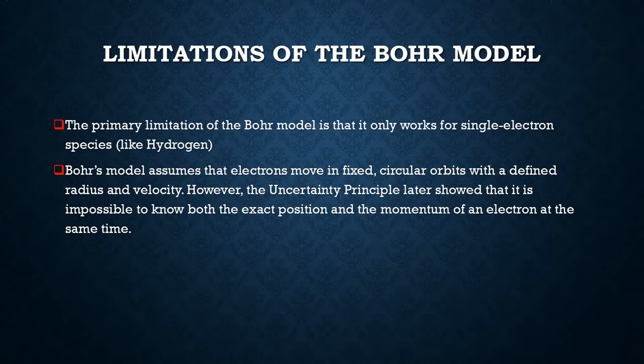We have come to almost the end of the lesson, but as we realized in our previous study of the other theories, after their discoveries there were limitations. The same thing applies here. One of the limitations of Bohr's planetary theory of the atom is that the Bohr model works only for single electron species.